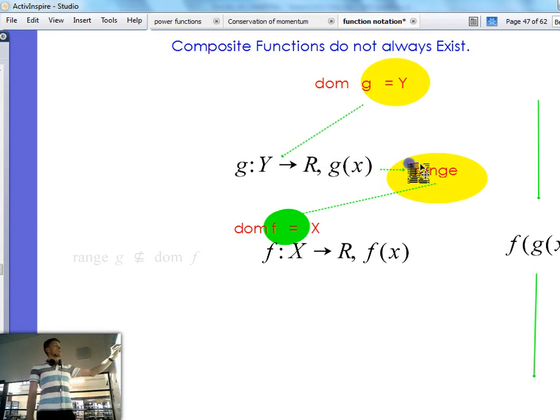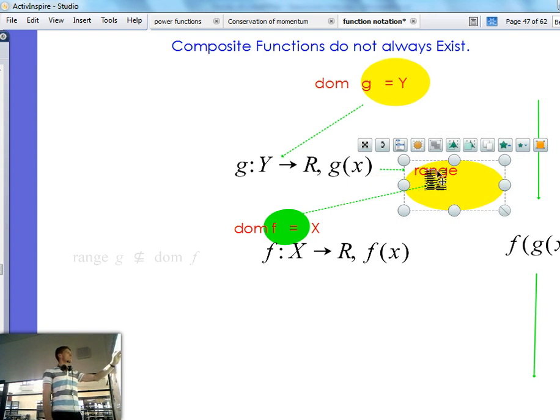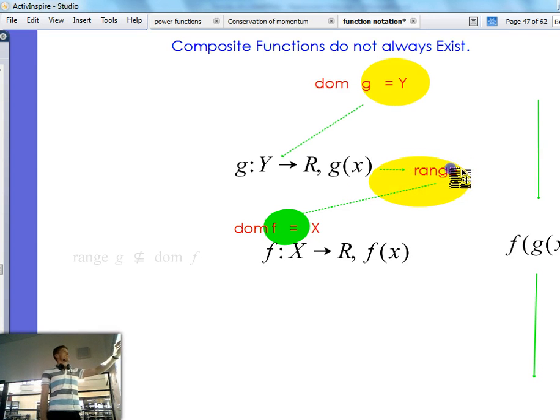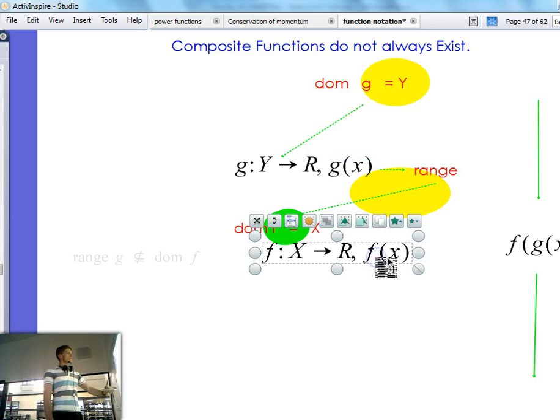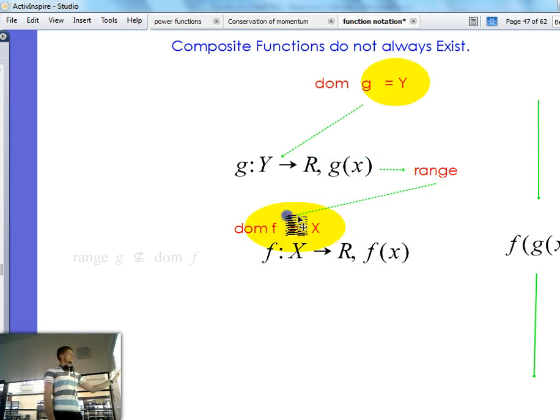So this range now, when we're trying to construct the composite function f of g of x, and we're trying to substitute our g function into our f of x function, we need that range of values to be able to fit in the box. Our domain of f is too small, and so our range of g is not going to fit.